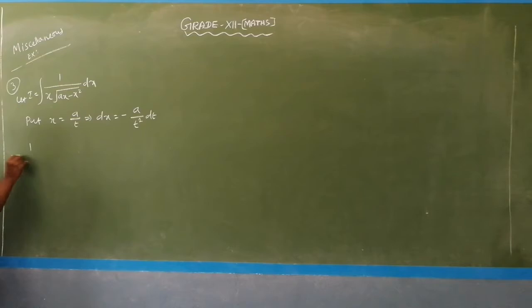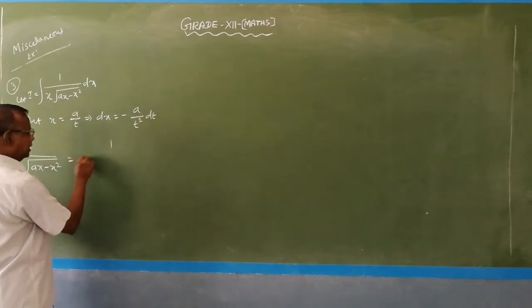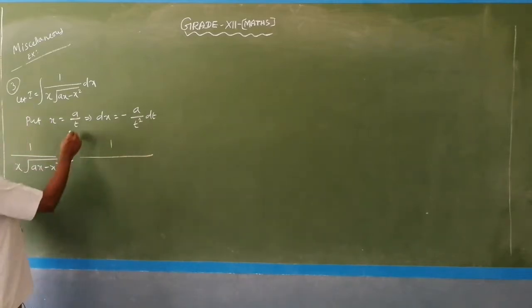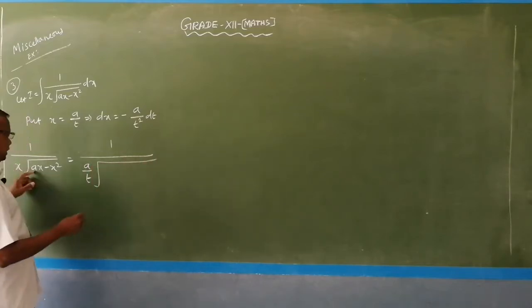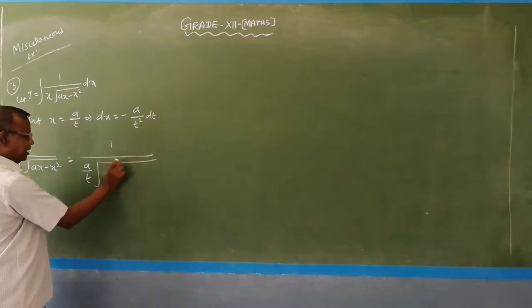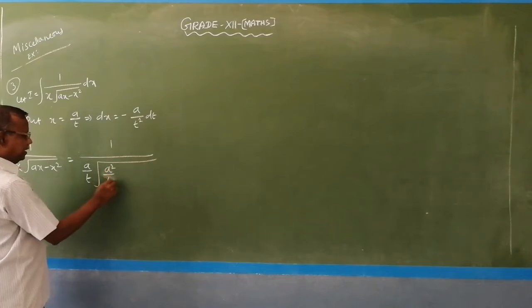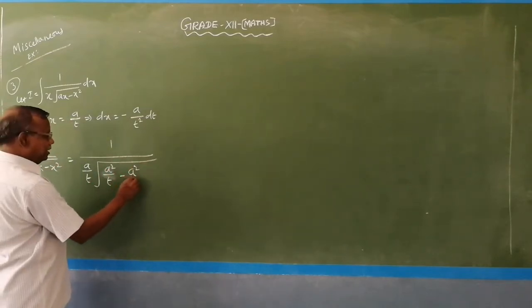Now 1 by x into root of ax minus x square is equal to, now substitute here, that is 1 by, for x we have a by t, and ax means a into a by t. So that is a square by t, and minus x square means a square by t square.